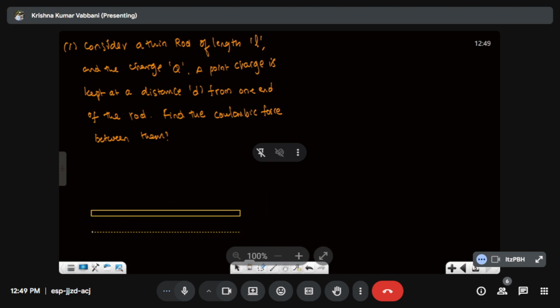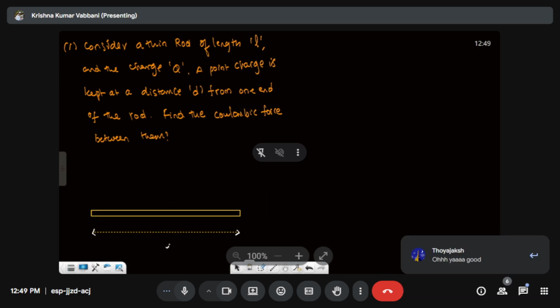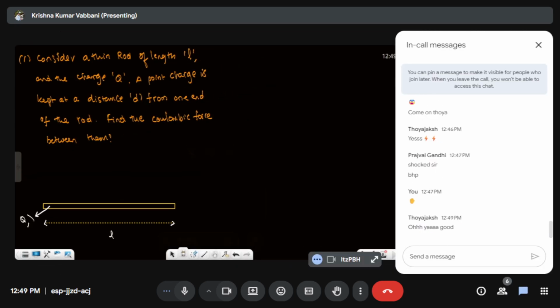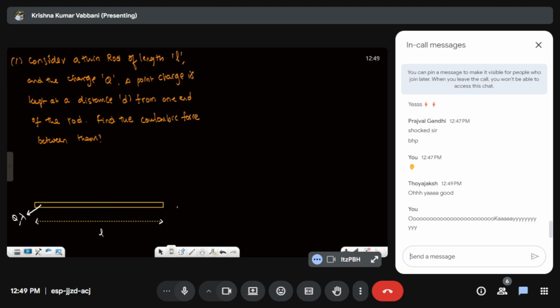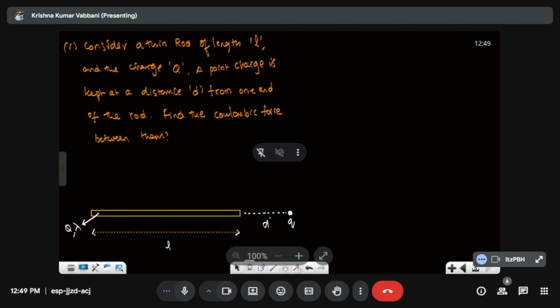The length of the conductor is L. The charge on it is Q, and we know the charge distribution lambda is there. And he said that a point charge is kept at a distance d from one end of the rod. You can take either the right side or the left side, it's up to your decision. The answer will be the same. And find the Coulombic force between them.